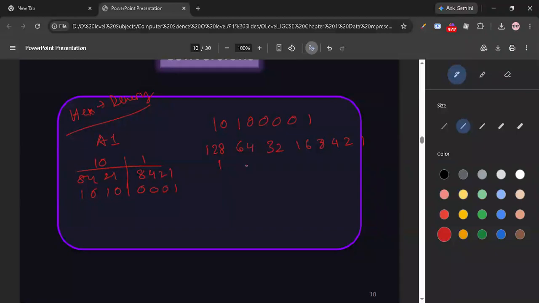So over here what we're going to do: 1 0 1 0 0 0 0 1, right? Okay, so 128 plus 32 plus 1, whatever it comes, it's the number. So 128 plus 32 plus 1 comes as 161. So it will be 161.